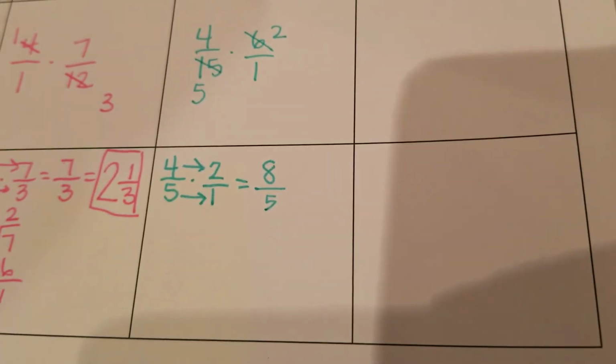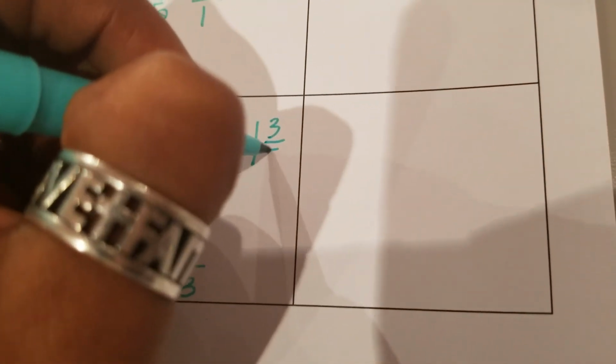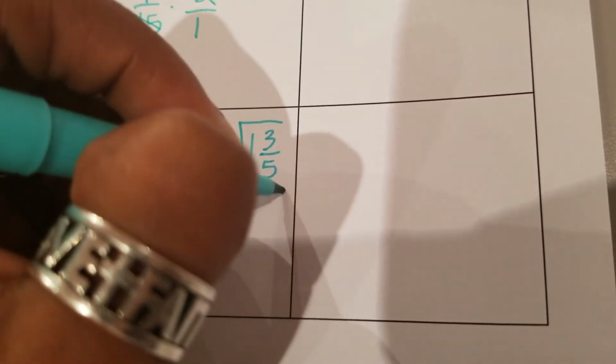That gives us 8 over 5. And again, that is an improper fraction, so we will need to divide. 8 goes on the inside, 5 on the outside. 5 goes into 8 1 full time. We subtract to get 3, and our answer is 1 whole and 3/5, or 3 out of 5.